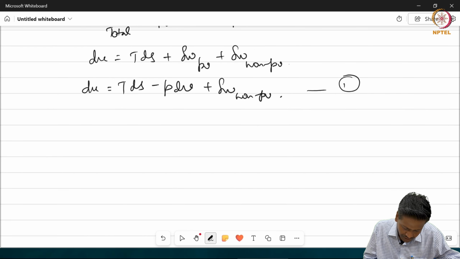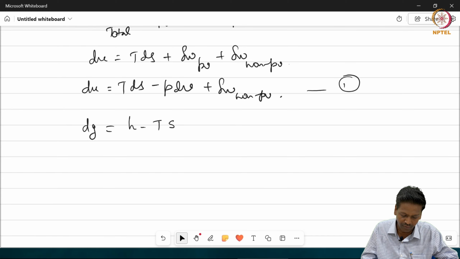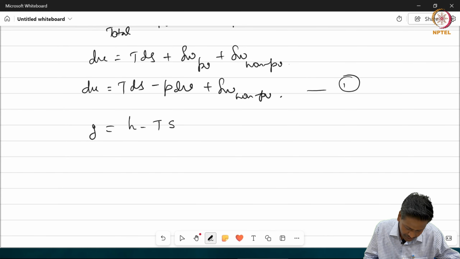Now, we also know our Gibbs free energy equation: G is equal to H minus TS.